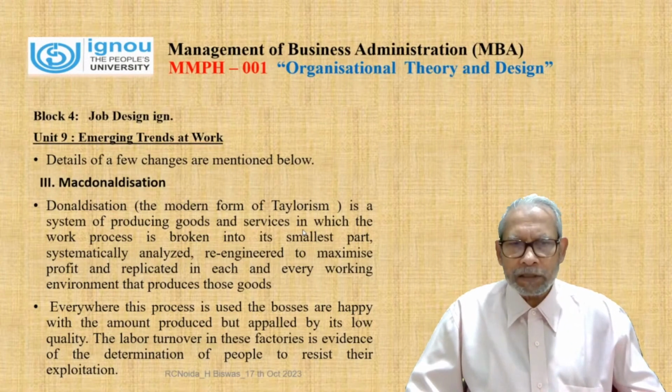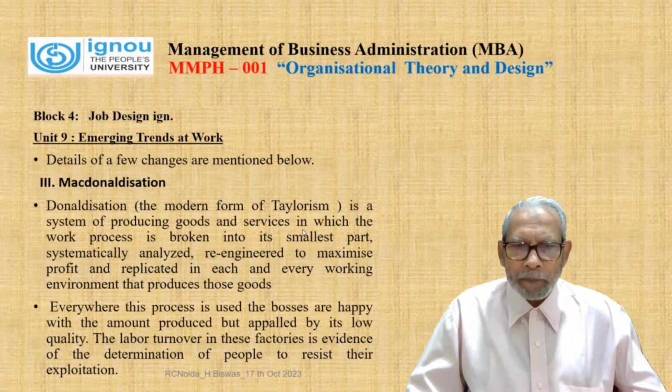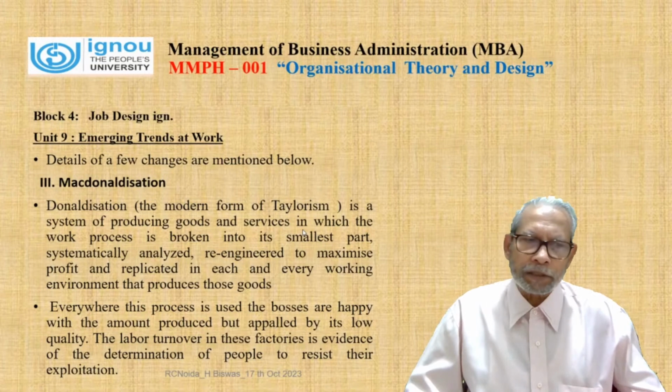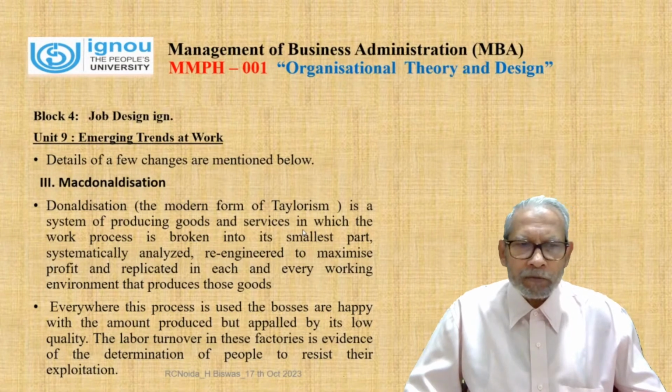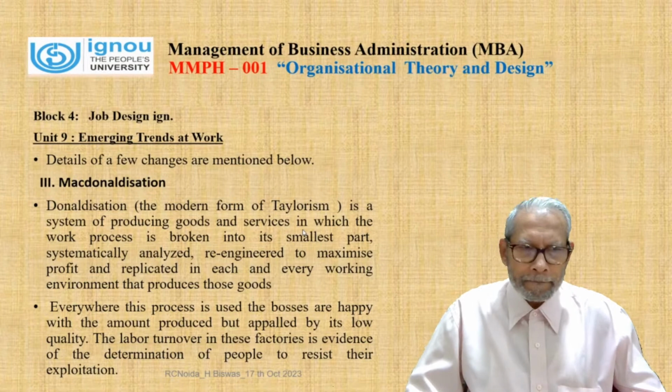Everywhere this process is used, the bosses are happy with the amount produced, despite its low quality. The labor turnover in these factories is evidence of the determination of the people to resist their exploitation.